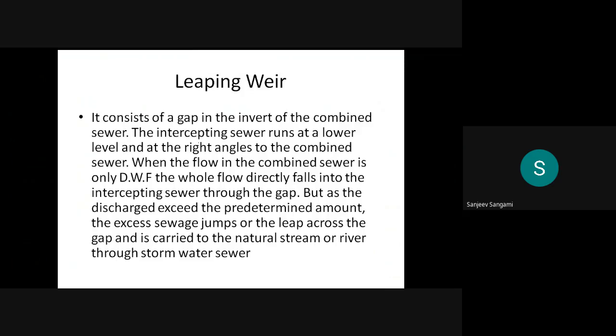Leaping weir. It consists of a gap in the invert of the combined sewer. The intercepting sewer runs at a lower level and at right angles to the combined sewer. When the flow in the combined sewer is only dry weather flow, the whole flow falls directly into the intercepting sewer through the gap.